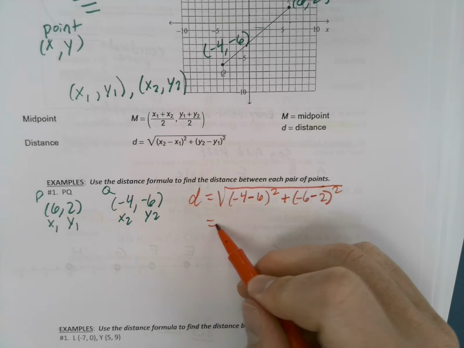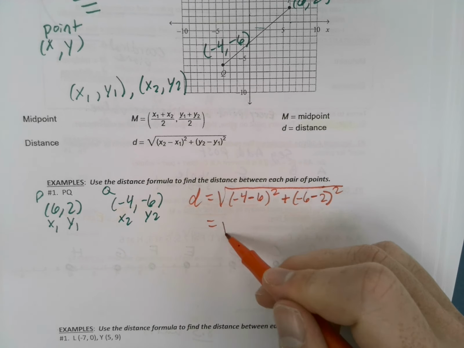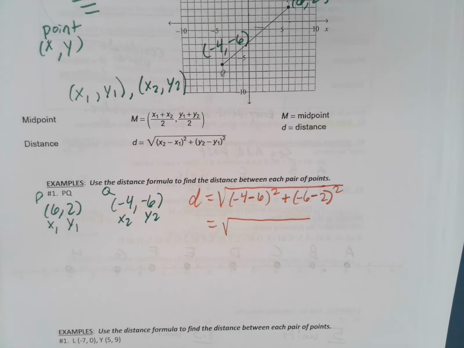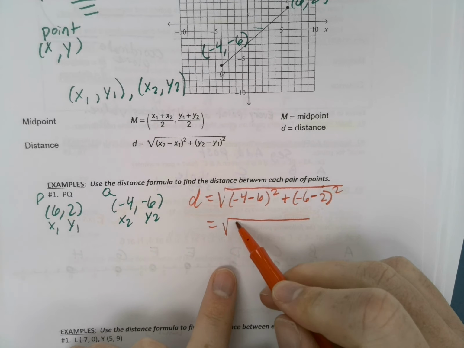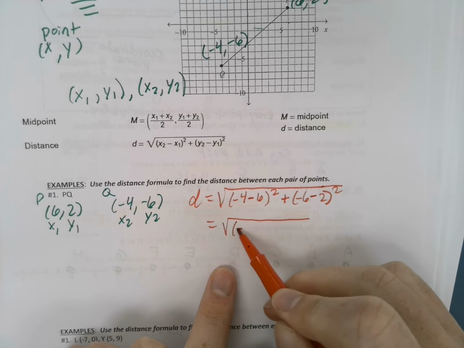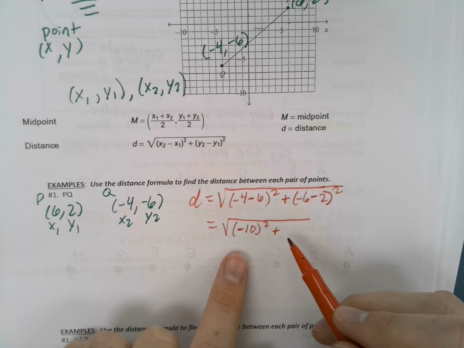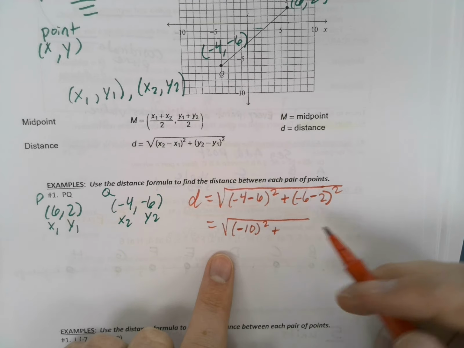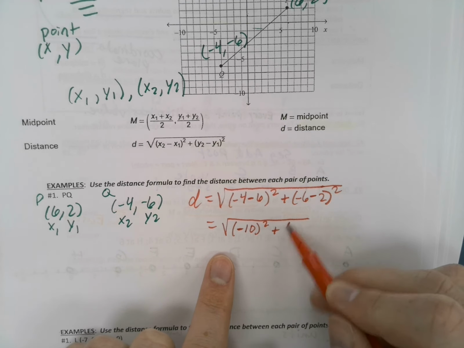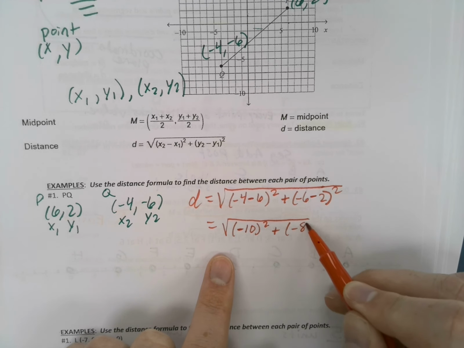And from here, guys, I cannot stress enough, we got to remember PEMDAS. We're going to do what's inside the parentheses before we deal with that exponent. So -4 and -6, add those together, combine them, you get -10. Plus, and it's okay to take this one step at a time. You don't have to solve this all out in one step. Plus, -6 minus 2, looking at -8.